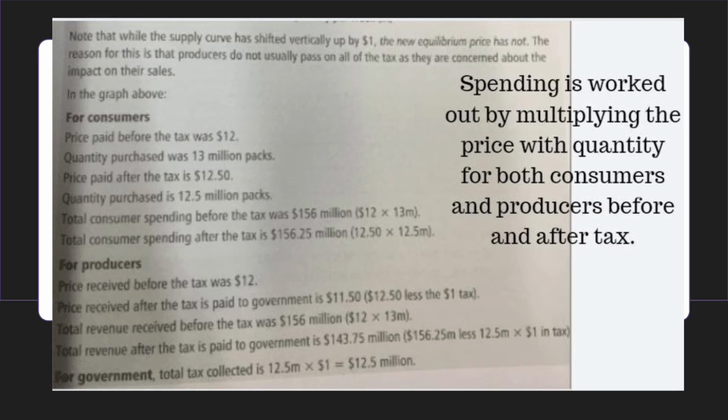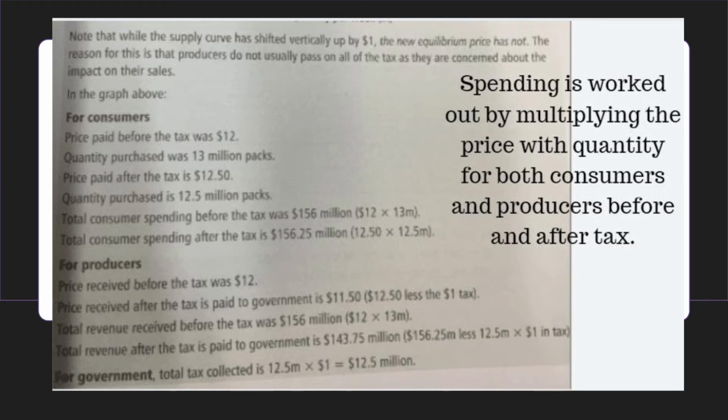The reason for this is that producers do not usually pass on all the tax, as they are concerned about the impact on their sales. So for consumers, the price paid before the tax was $12. We can see that on our graph at the equilibrium point of $12. And their quantity was 13.